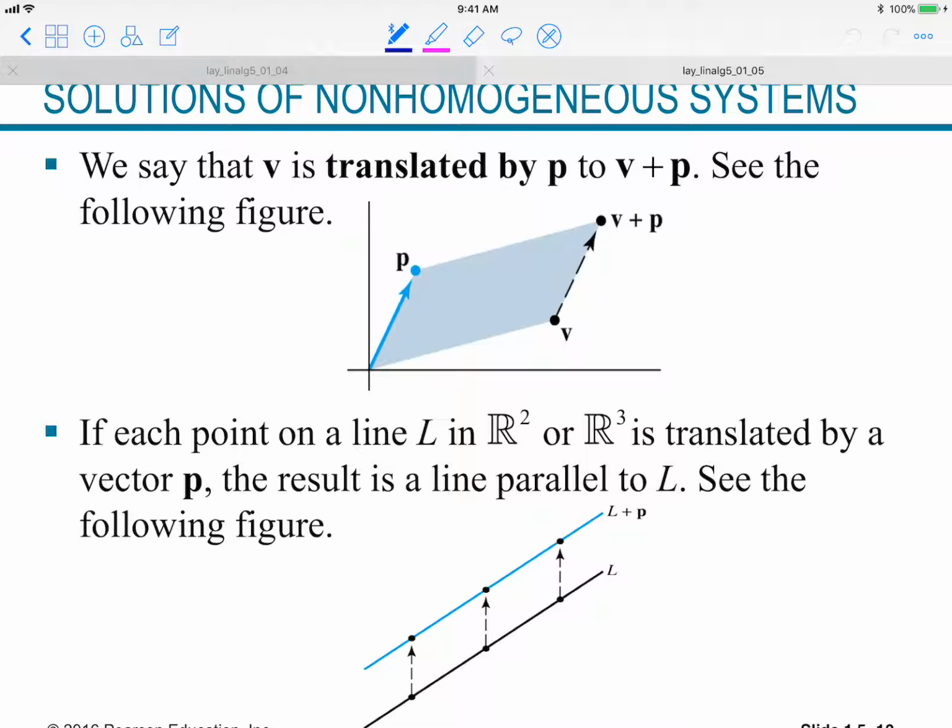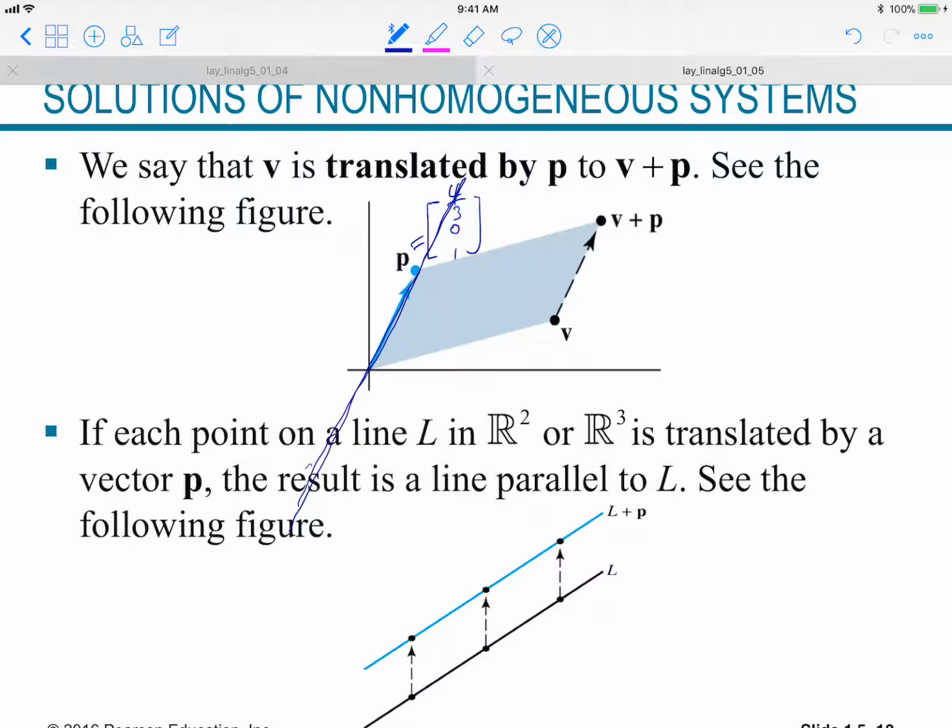Okay, suppose in this case p is (4/3, 0, 1). So this was our particular direction. Previously, our homogeneous linear system had a solution along this line, right?